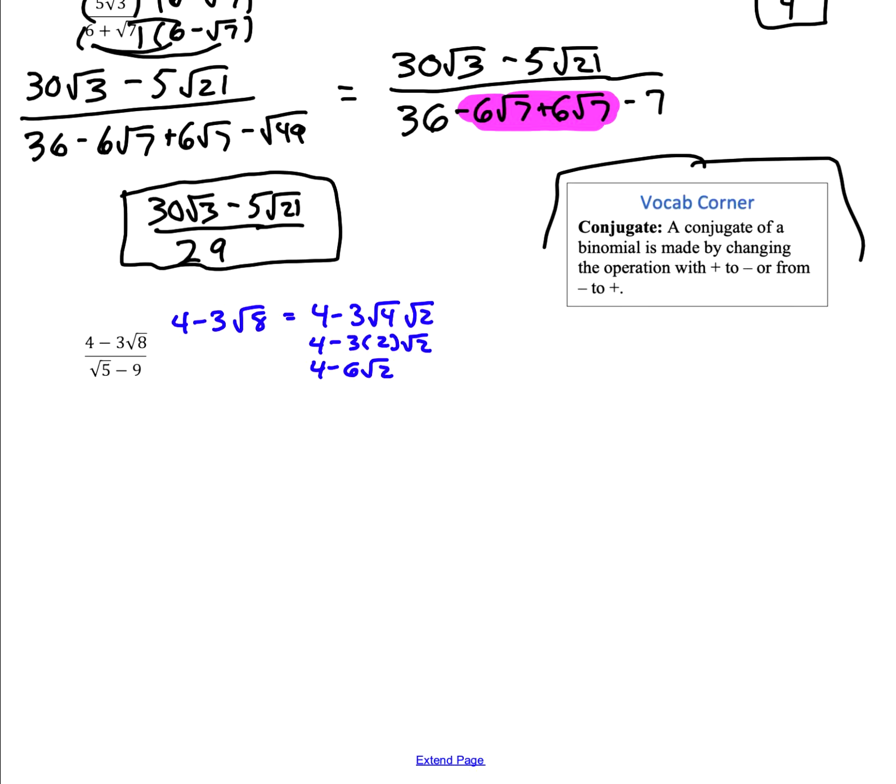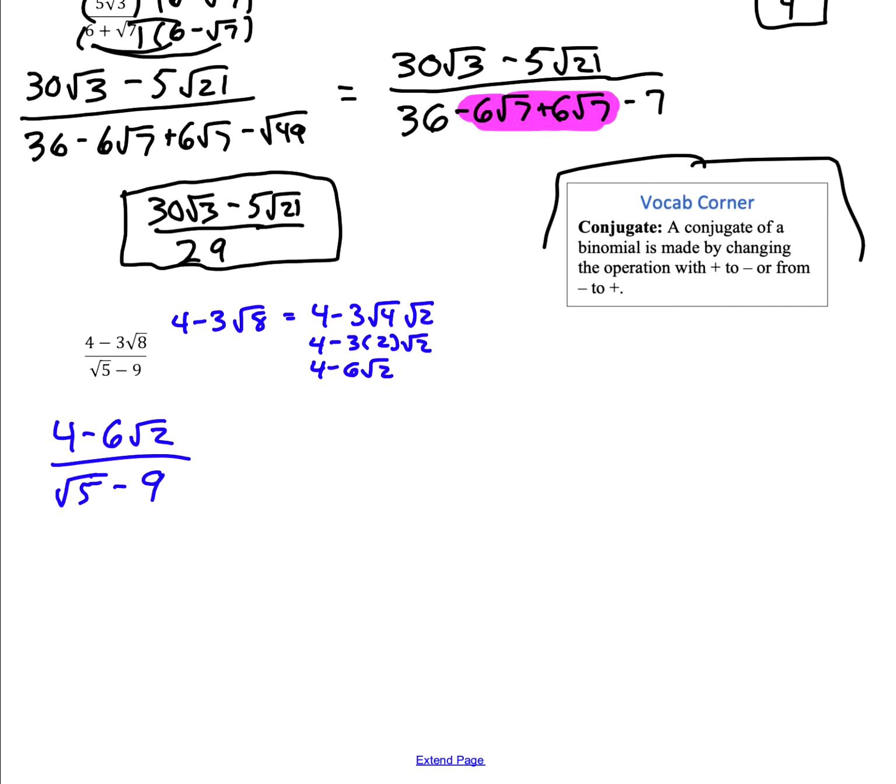Instead of dealing with 8, I'm dealing with 2 inside the radical. That's going to be a little bit easier. So I'm going to rewrite my fraction as 4 minus 6 radical 2 all over radical 5 minus 9.